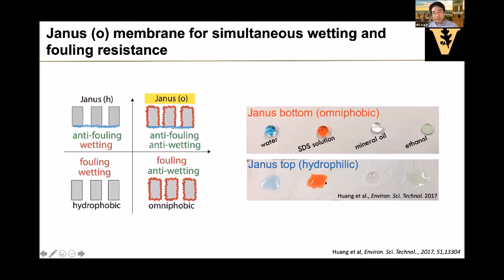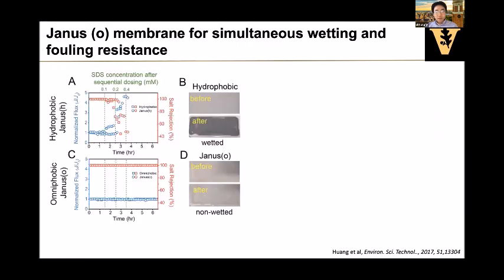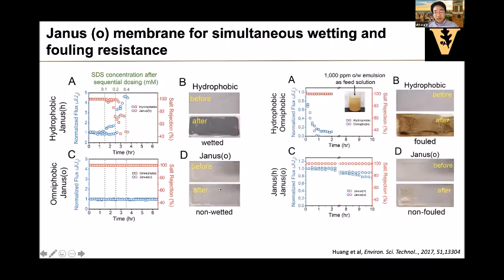But as you can see here, even though the contact angle for the liquids is very low, they do not actually wick into the pore, because underneath this hydrophilic surface, there is an amylophobic substrate that prevents the wicking. So similar to what Renew just reported, you can see that such a membrane is really good for wetting resistance and also fouling resistance. All right, so that's what we have for wetting.